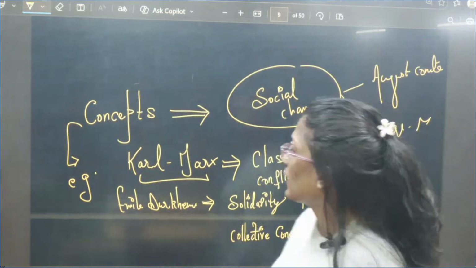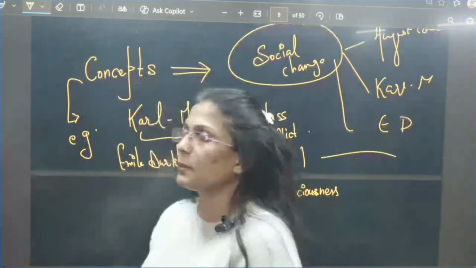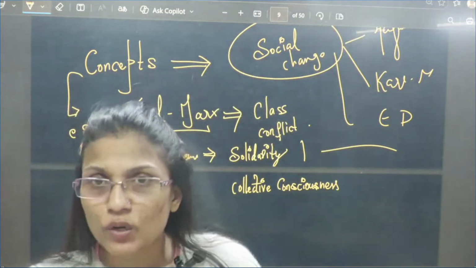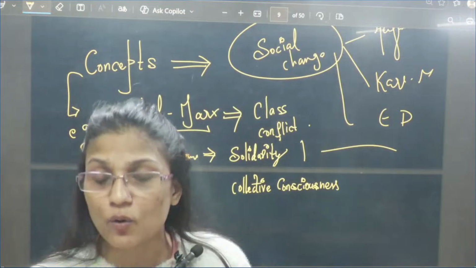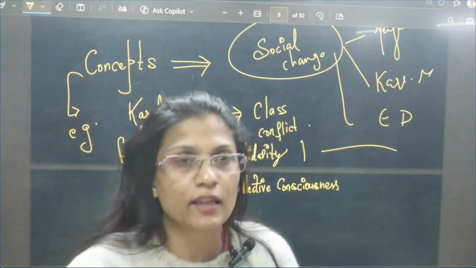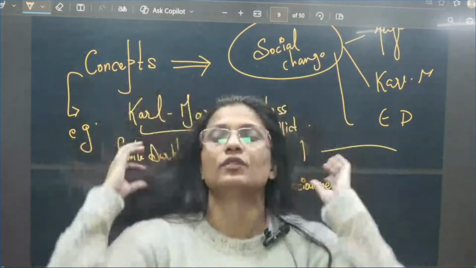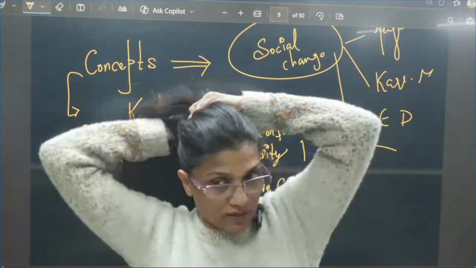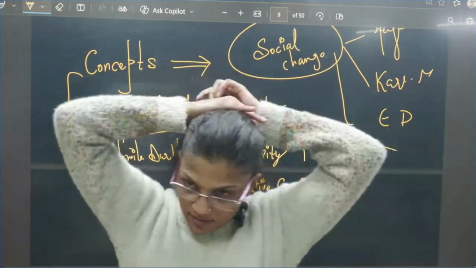Concepts for Emile Durkheim. In UPSC, conceptual clarity is the key, not only in sociology but in all the disciplines. If conceptual clarity is not there, you will not be able to give an answer. If I am talking about empowerment, you should know what empowerment is.